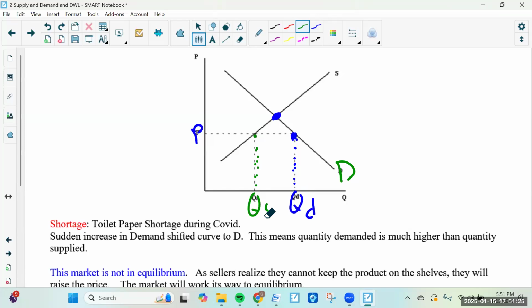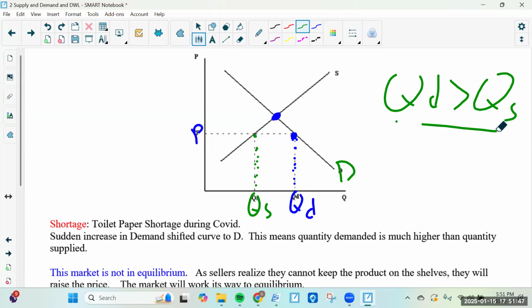So you've got a situation where the quantity demanded is greater than the quantity supplied. That's the definition of a shortage. There's a shortage in the market because we want more, quantity demanded, than they want to sell to us, quantity supplied. So if they ask you to define a shortage, you could literally just say QD greater than QS. That's the definition.